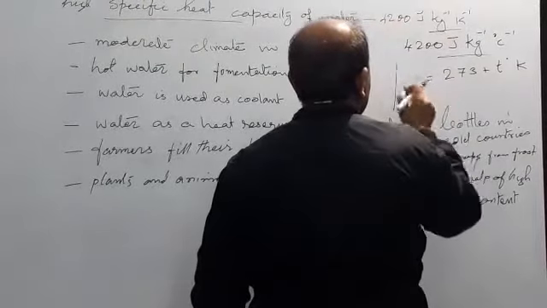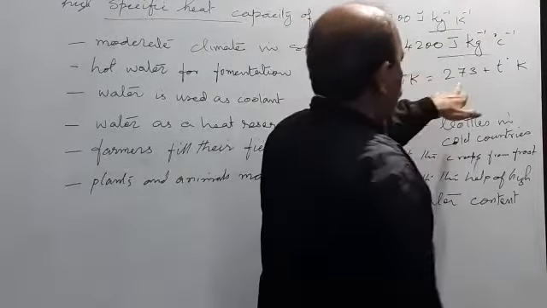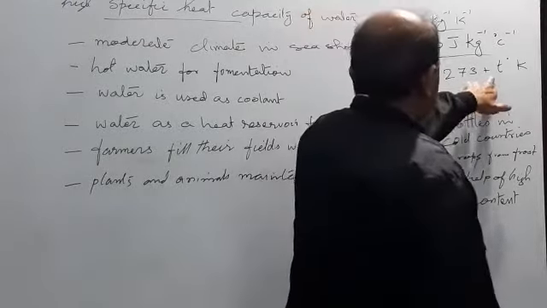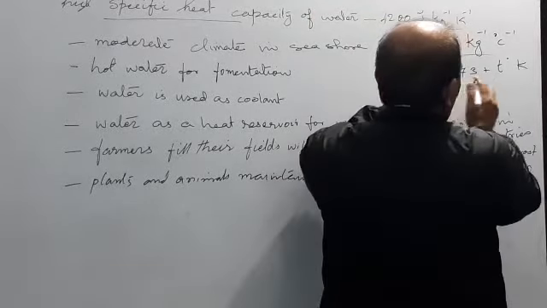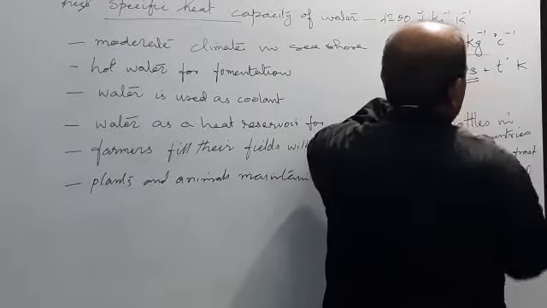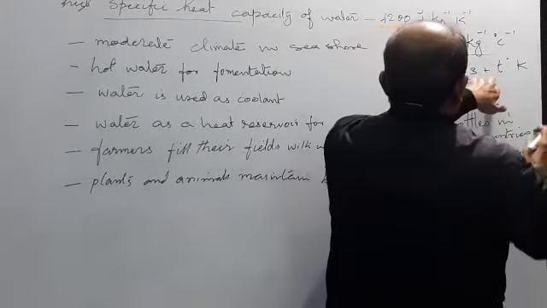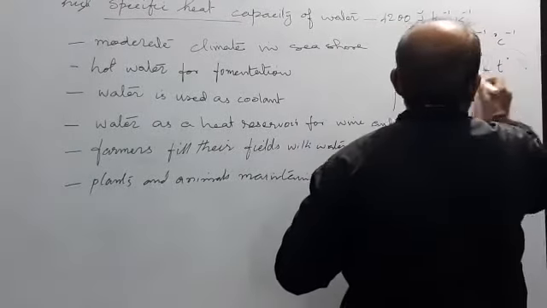More clearly we can write T Kelvin is equal to 273 plus whatever T, the measurement in Celsius degree, should be added to 273.